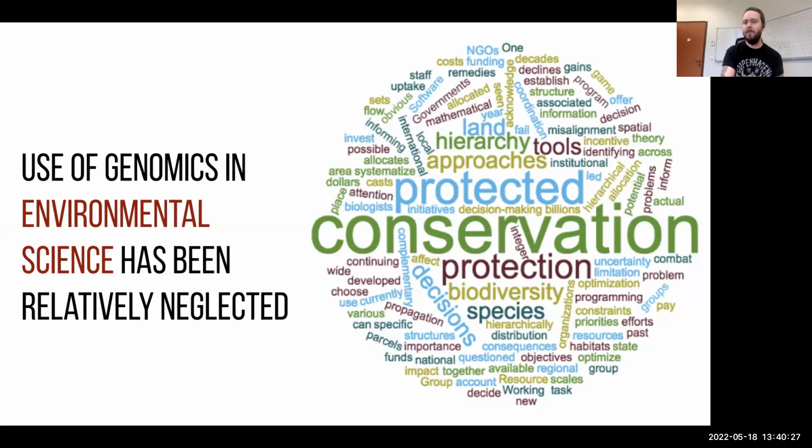And neither is there as much incentive in these fields to use the entirety of genomic information in answering questions about environmental science or conservation. I'll try to explain what I'm saying by that.